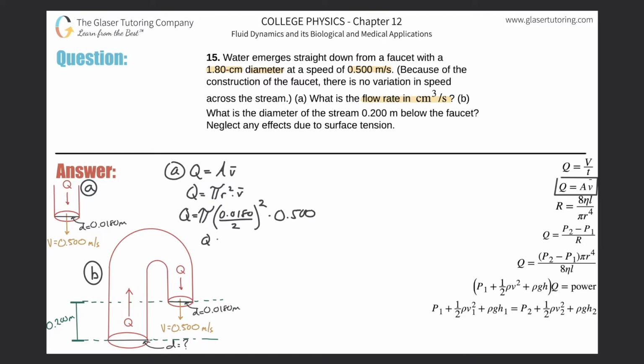And also, what they were talking about up here in the brackets: because of the construction of the faucet, there is no variation in speed across the stream. In reality, when you're looking at flow through a tube, we're thinking it's perfectly frictionless. That's basically what they're saying here, that there is no friction between the water molecules and the sides of the tube.